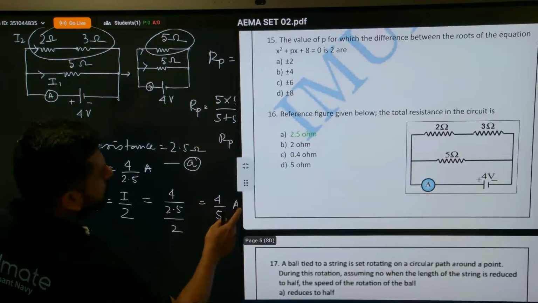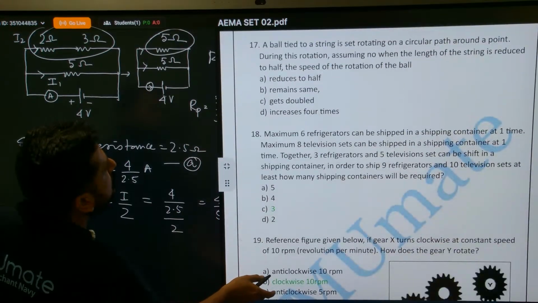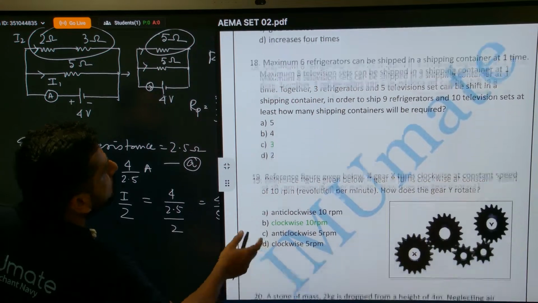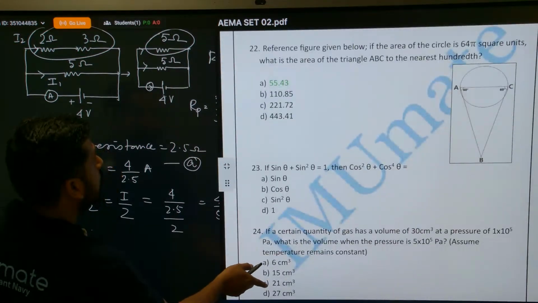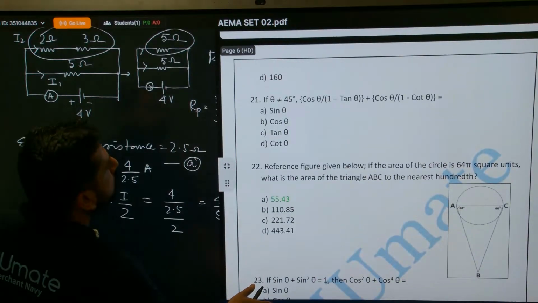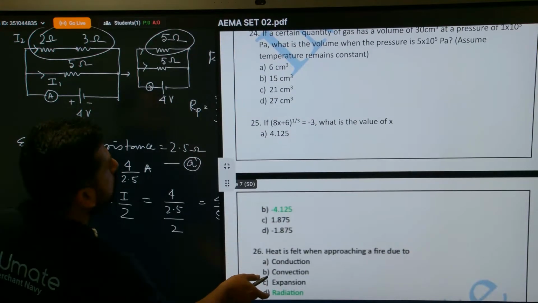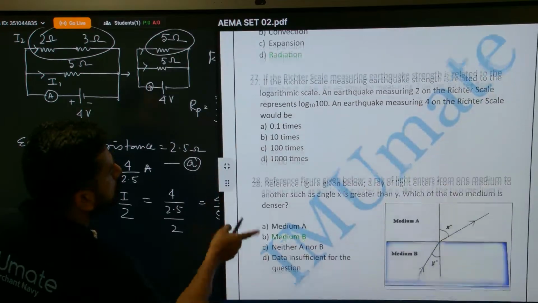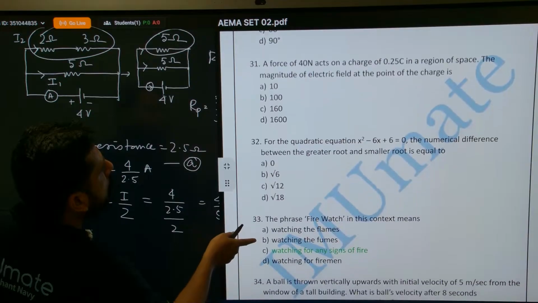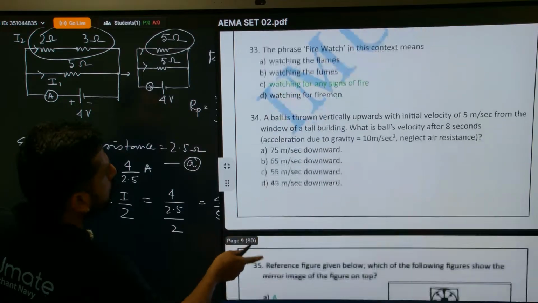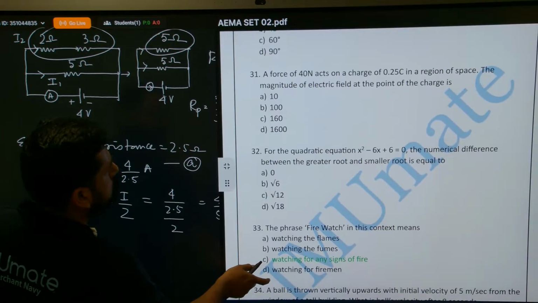Let's get to the next one. Please look at it carefully. Don't miss a single question. 21, no, that was some mathematical. 31, no, it is an electric field.